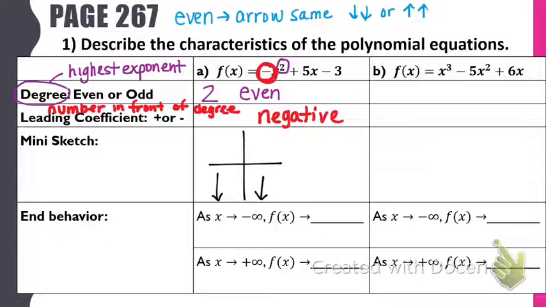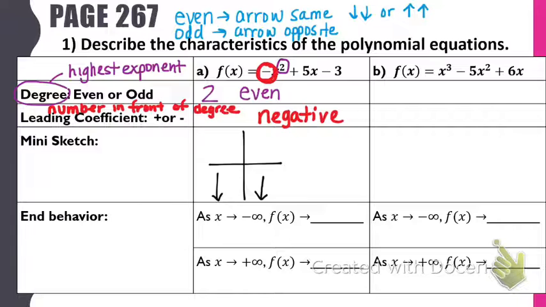But they do the same thing when it's even. When it's an odd degree, the arrows are opposite. So think odd, opposite. Okay? So they don't do the same thing. One side is going to go up and the other side is going to go down.